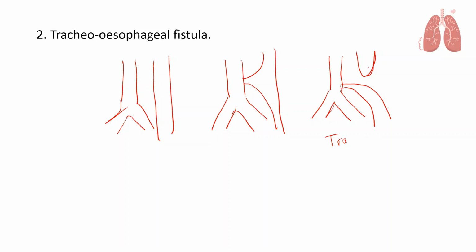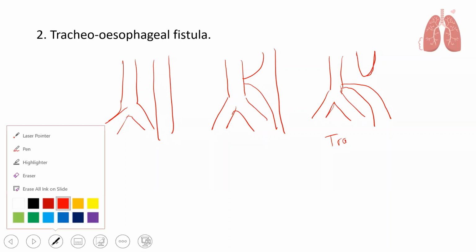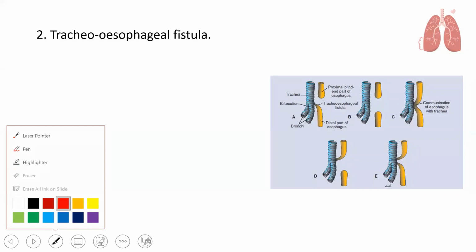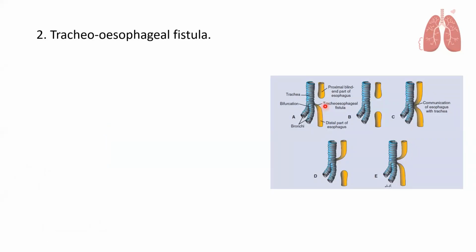So yeah, I had a diagram here. This is the most common type. You have the esophagus ending without an opening and the distal part joining the trachea like this. 90% of tracheoesophageal fistulas are like this.